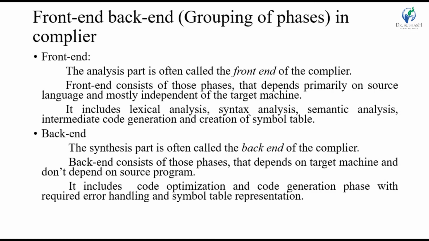The synthesis part is called the back end of the compiler. The back end consists of those phases that depend on the target machine and don't depend on the source program. It includes the code optimization and code generation phases with required error handling and symbol table representation.